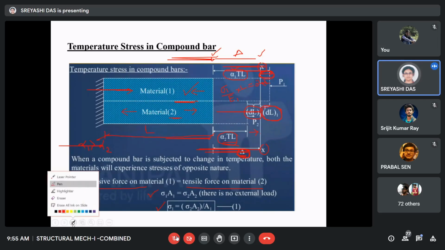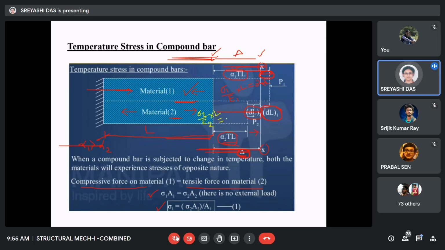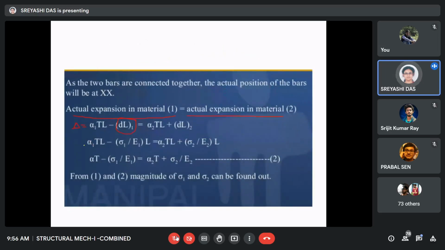Similarly for material 2, if the tensile stress produced is sigma 2, divided by E2, this is the strain, multiplied by the original length L. This must be equal to DL2. Putting this here, the capital L cancels out from all the expressions.